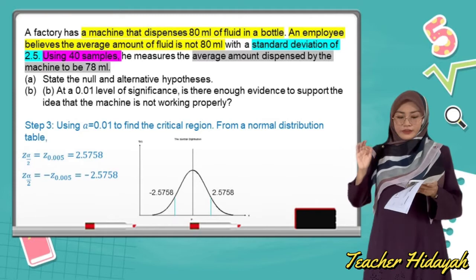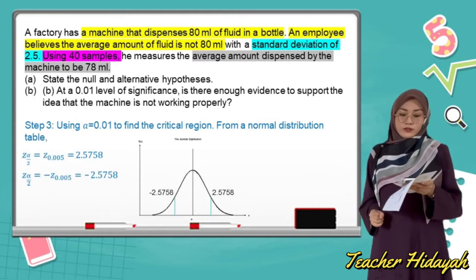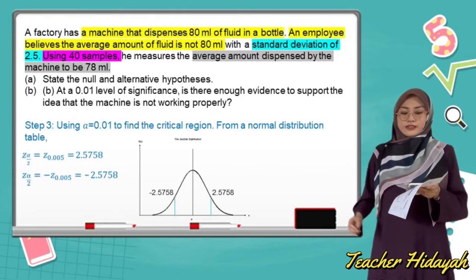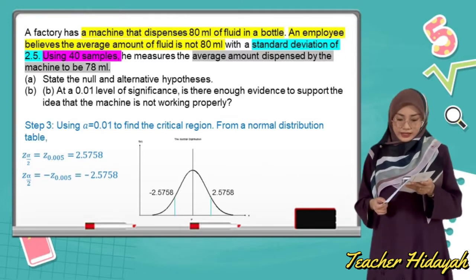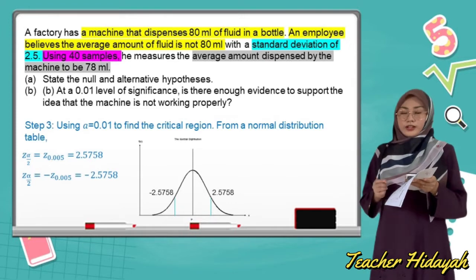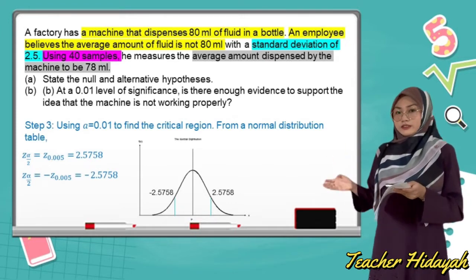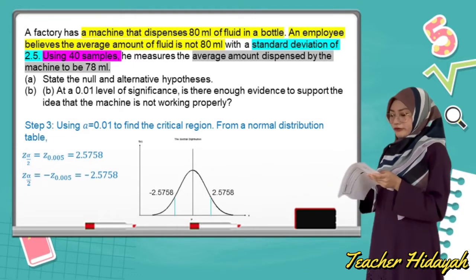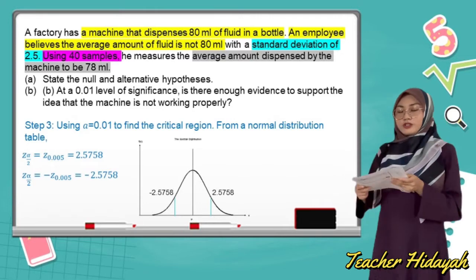After that, step 3. Using alpha 0.01 to find the critical region from the normal distribution table. Since the test is a two-tailed test, we are going to look at both sides of the distribution. First, Z alpha divided by 2 equals Z 0.005. We look up the distribution table.